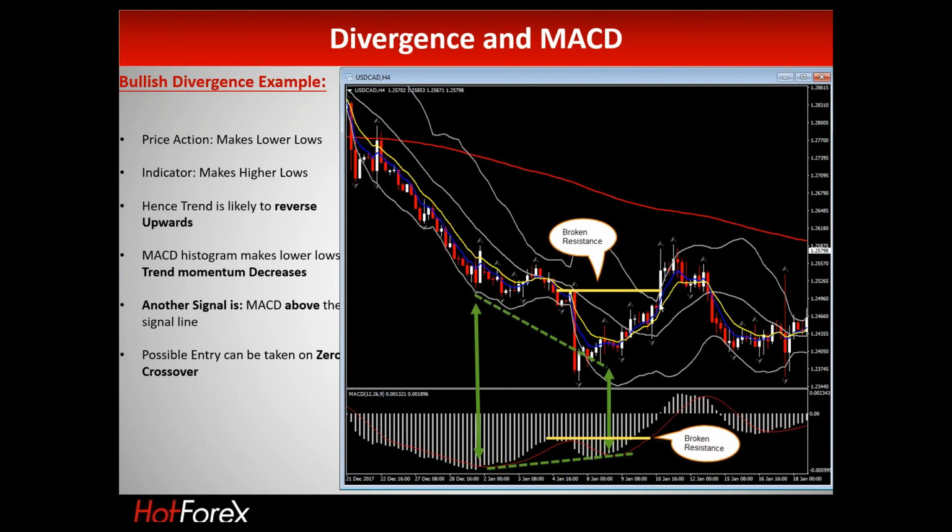So with this big candle, you could enter once you saw this big break in the price action and in the MACD as well. So that would be an entry point, along with the change of histogram from negative to positive. But as I said, sometimes if you're waiting for the zero cross, you're losing the opportunity to enter on time.